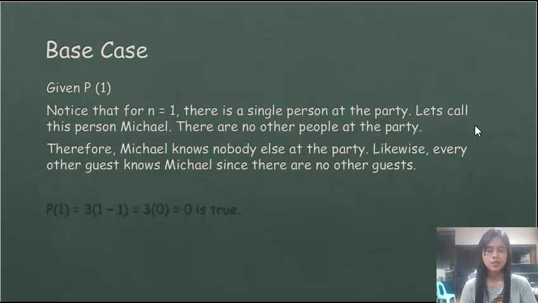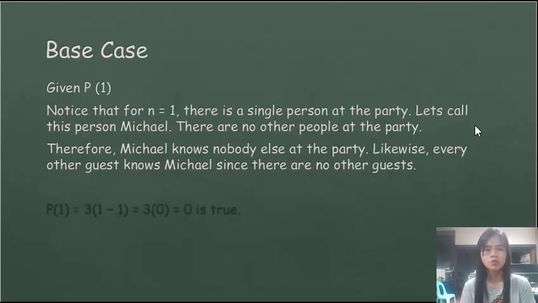The base case here is P(1). Notice that for n equals 1, there is a single person at the party. Let's call this person Michael. There are no other people at the party. Therefore, Michael knows nobody else at the party.